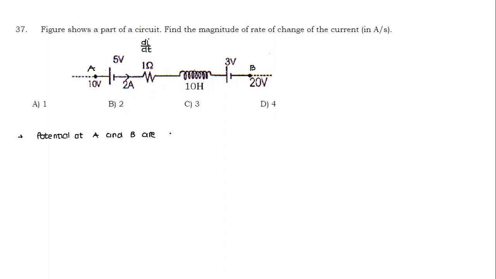So if potential at 2 points A and B are given, I can write an equation of potential by adding and subtracting potential as we traverse from A to B. As we walk along from A to B and increase or decrease, we keep writing, and we get an equation.